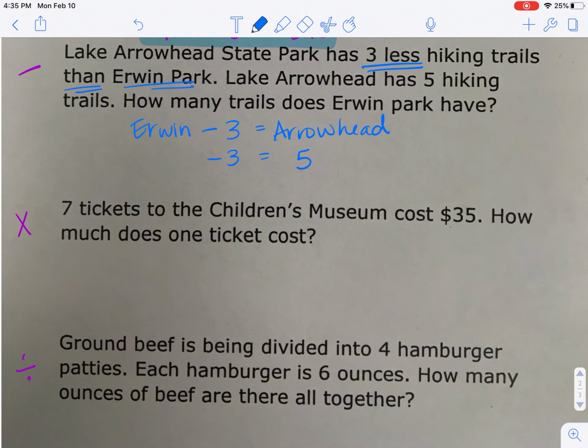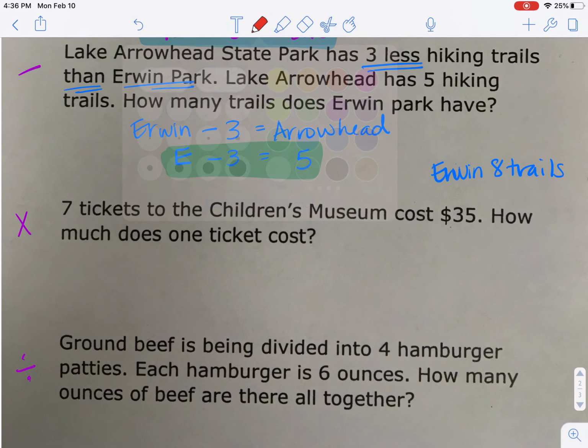So if I write this, I can say E minus 3 equals 5. How many does Irwin have? Well, Irwin would have 8 hiking trails, because 8 minus 3 would equal 5. So if we had to figure it out, that would be it. But the most important part of this is actually getting the equation written correctly. So there we go.